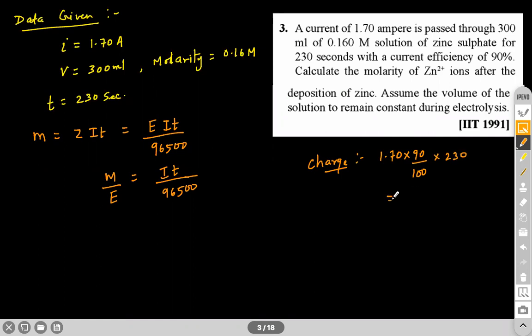When you solve this, you'll get approximately 351.9 coulomb. This is the charge we get.